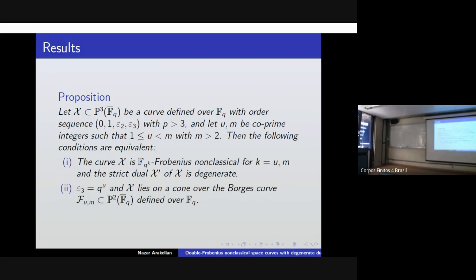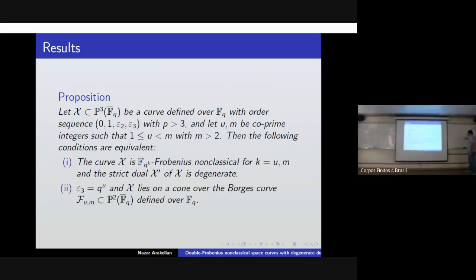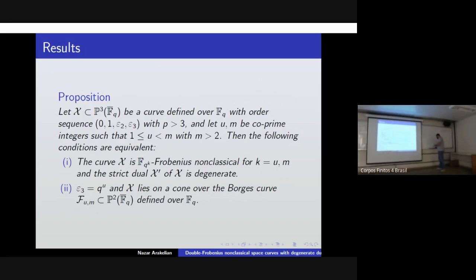So if you have your Borges curve here, your curve must lie somewhere here, something like that. Again, it's not unique, but you know where it must live, which is interesting because it has to do with the only double Frobenius non-classical plane curve.